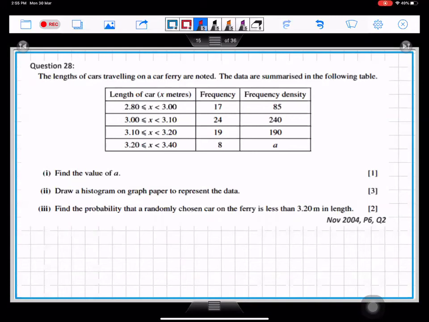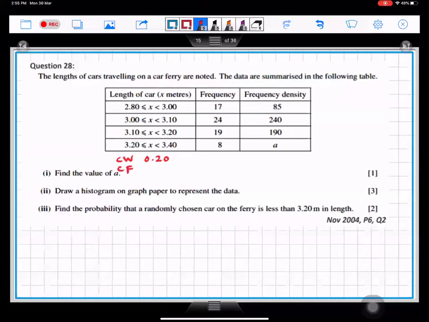Can we do that? Which formula can we use? We can use the concept that frequency density is frequency over class width. First of all, what is the class width? 3.40 minus 3.20 is 0.20, that is the class width.